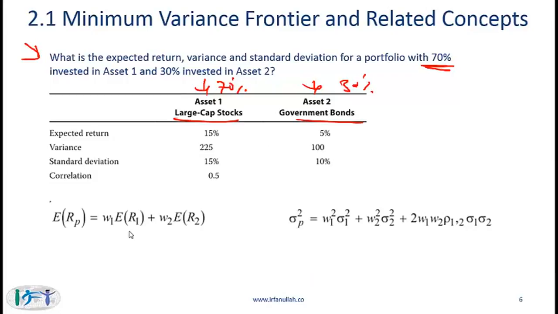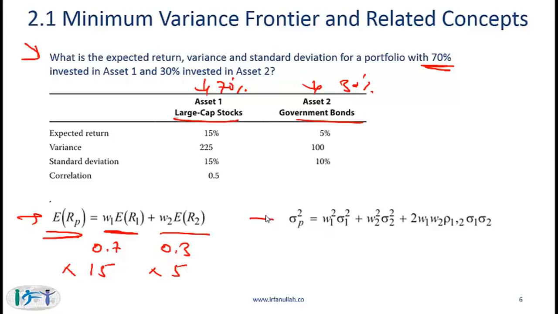So these are the formulas from Level 1 that I expect you to remember. The expected return of the portfolio is simply the weighted average. So in this context, we'll put 0.7 into the expected return, which is 15%. And then weight 2 is 0.3 into the expected return, which is 5%. Fairly straightforward. On the next slide, I'll show you the actual number.